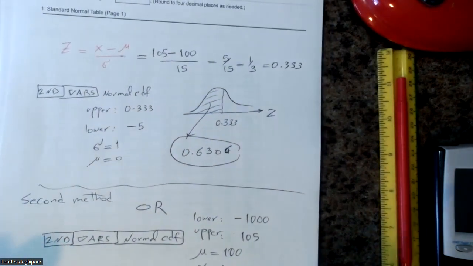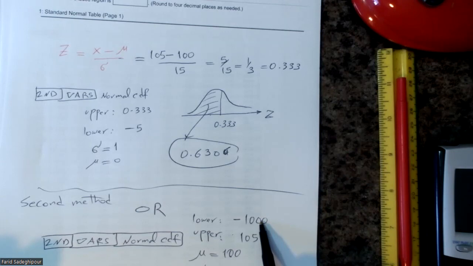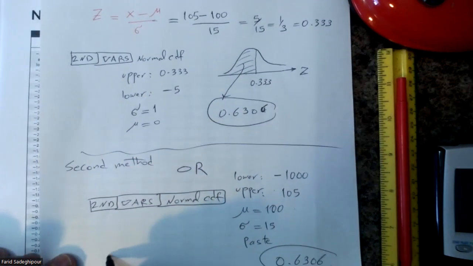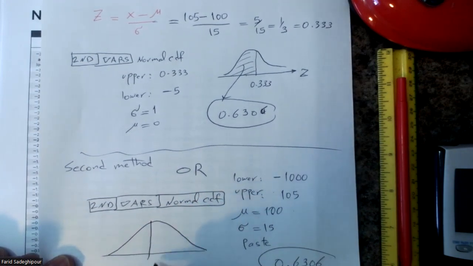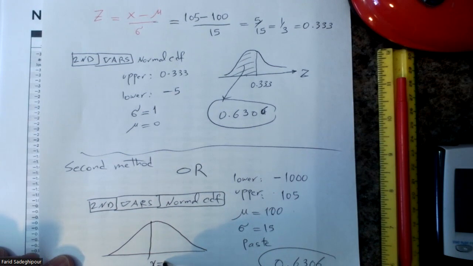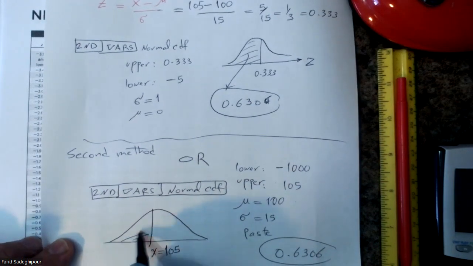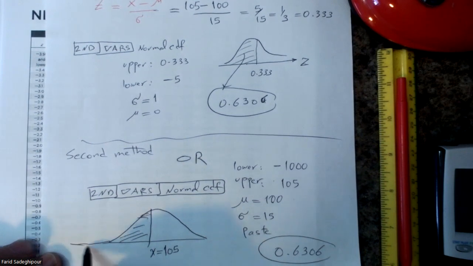Or you could just do normal CDF, put minus 1,000 and 105. That means if we ask you to find when x is 105, if you want to find this area, you could put a very large negative number here.